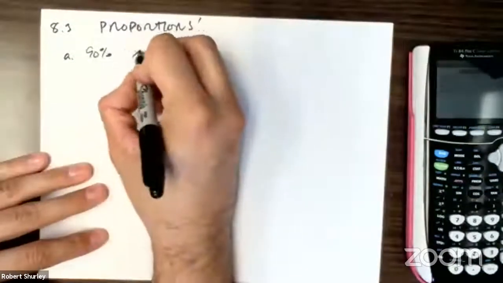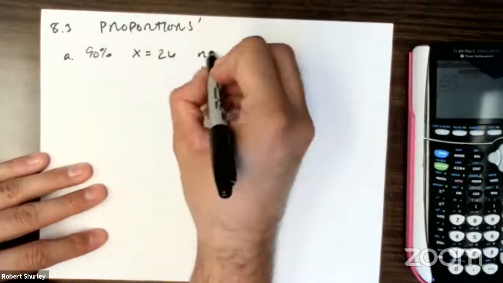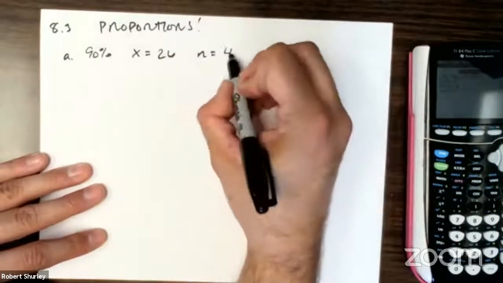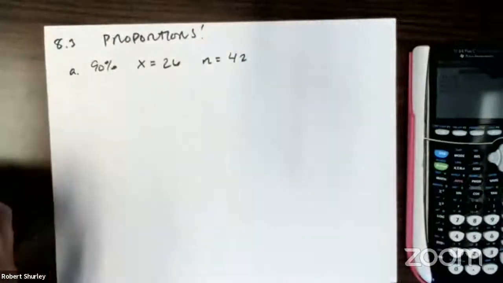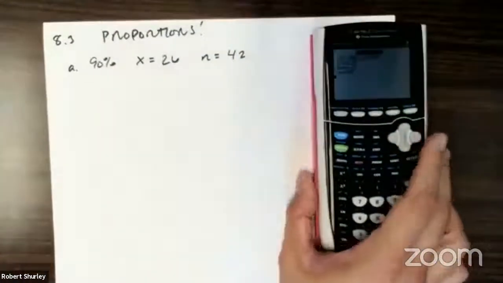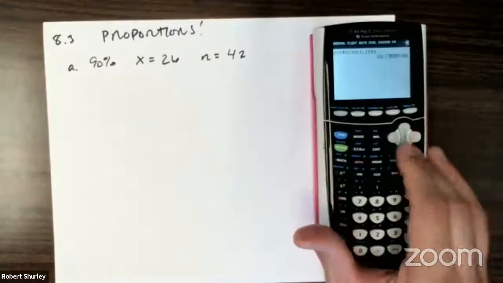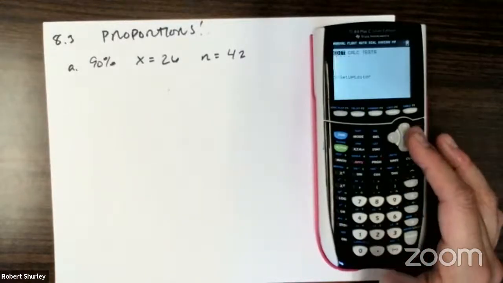Now, remember, X is our amount that were detected for this one. So 26 out of our N, which is 42. But it says clearly proportions in the question, right? That's the indicator for this one, is it will say proportions, okay?